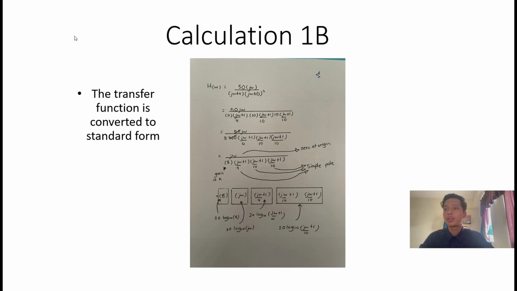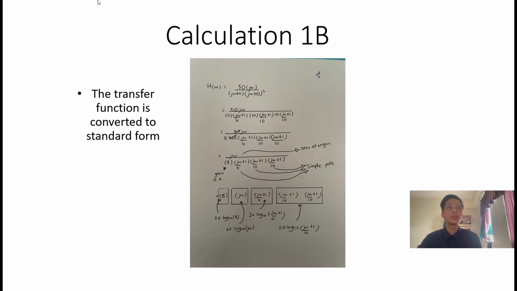Today I will present about this question. My question is 50 jω over (jω plus 4) and (jω plus 10) squared. So about this question, first step we can solve the question.